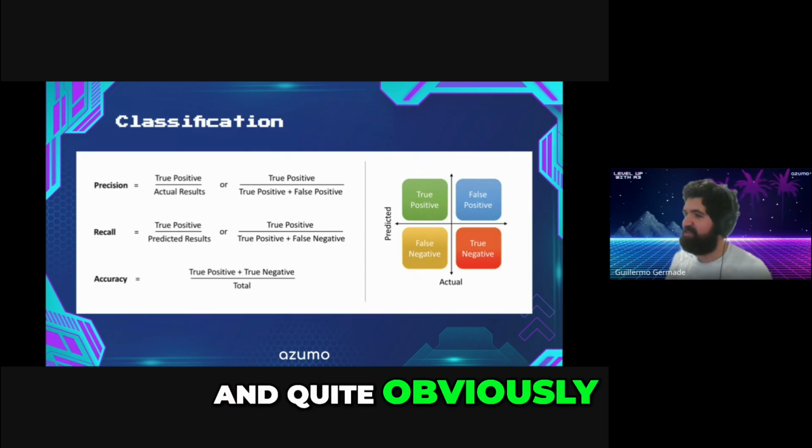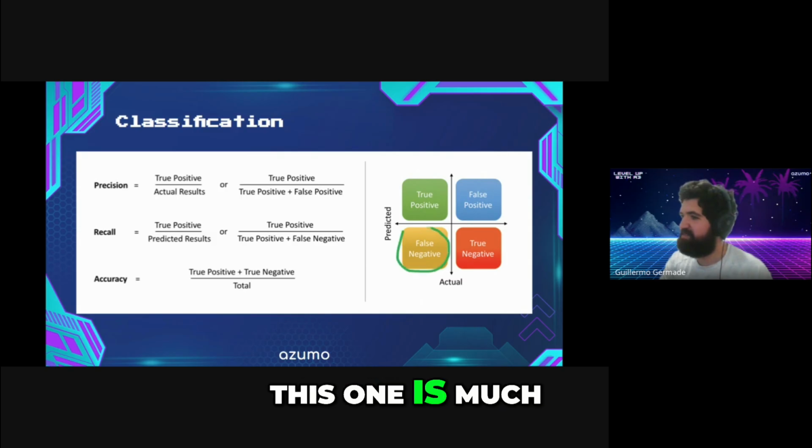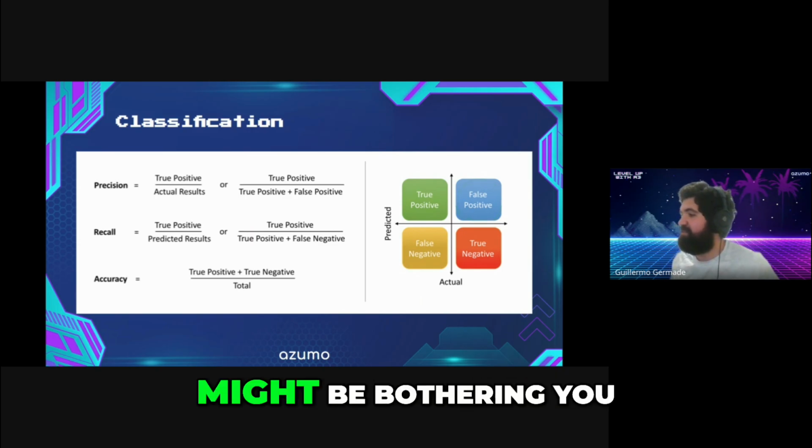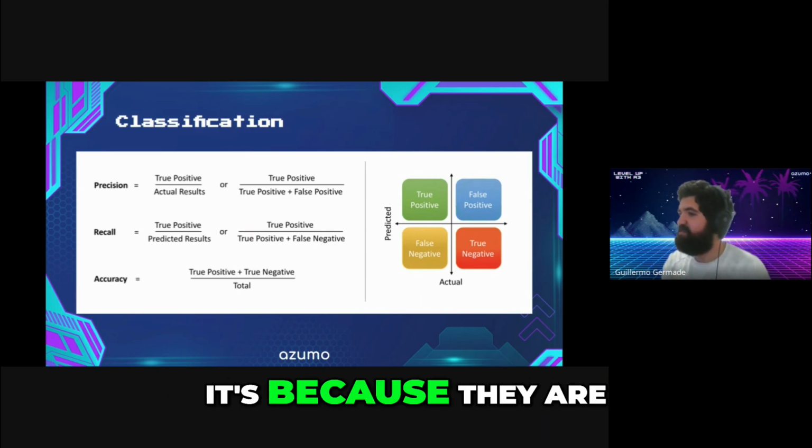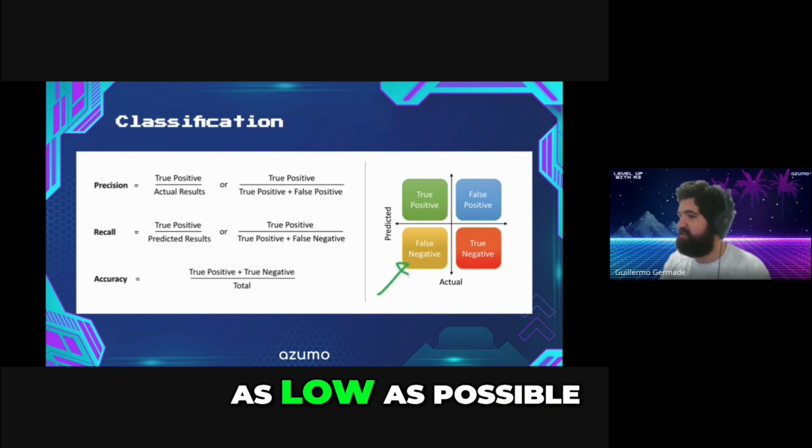And quite obviously, this one is much more important to keep low than this one. This is why you feel like your bank might be bothering you more than you would like. It's because they are optimizing to keep this as low as possible.